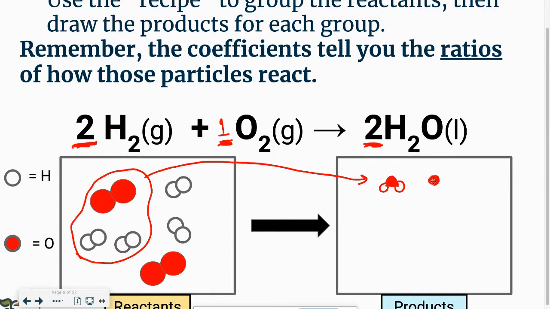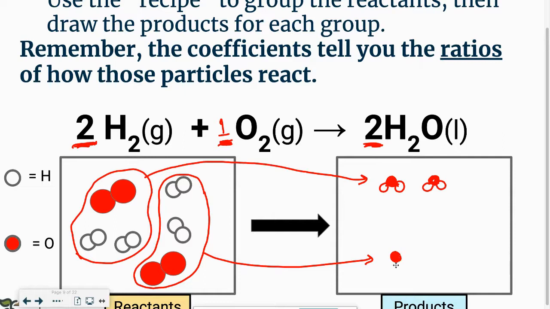So I can draw 2 H2O molecules. These transform into those. If I look over here, now I have another group of 2 H2s and 1 O2. That will give me another 2 H2O molecules. So we have a total of 4 H2O molecules here.